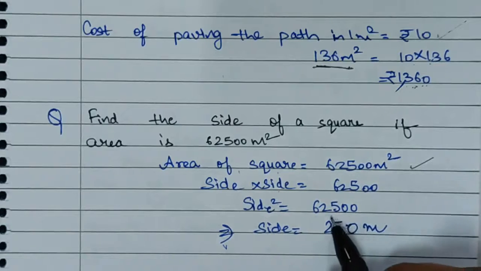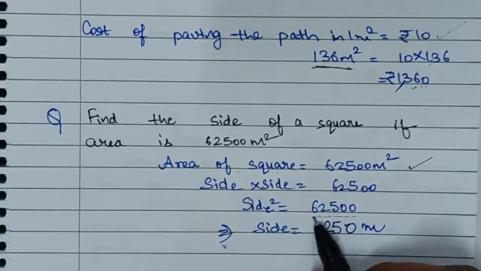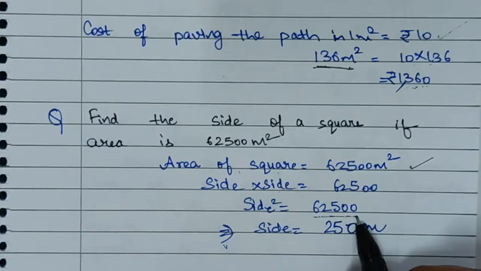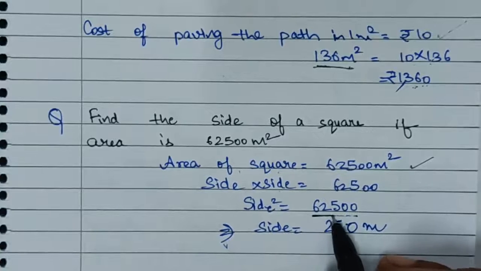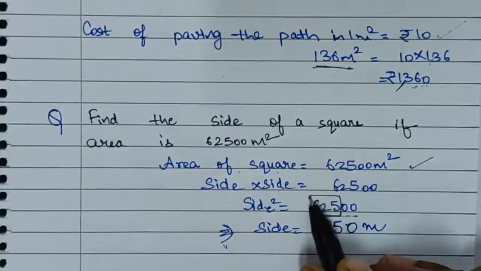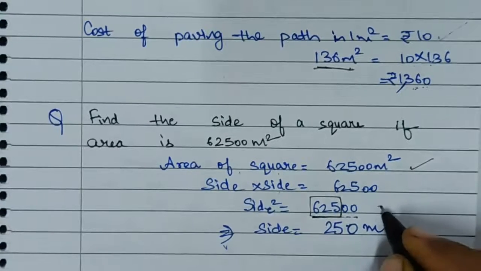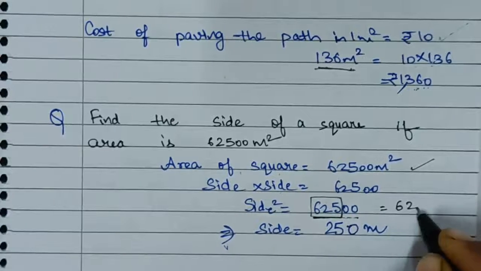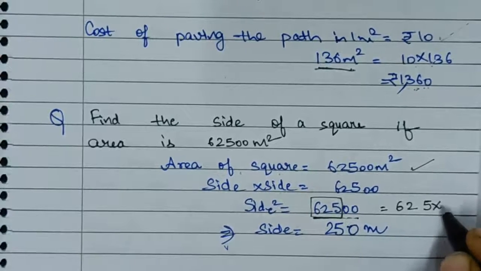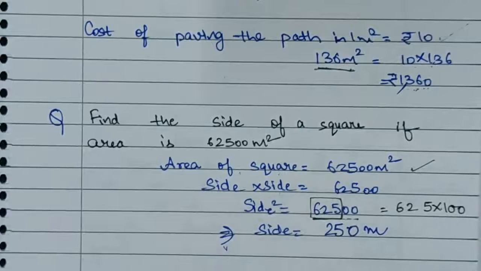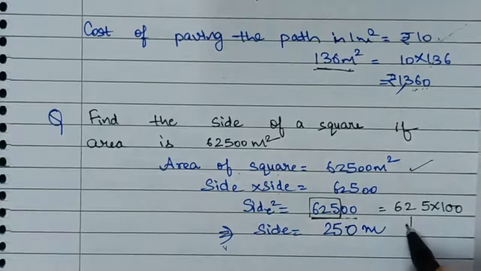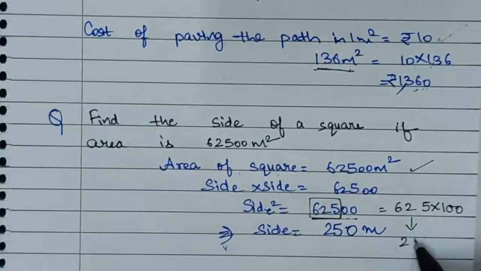Now we will find it with the easy way. Let us see how. 62500 can be written as 625 into 100. Now whose square gives us 625?